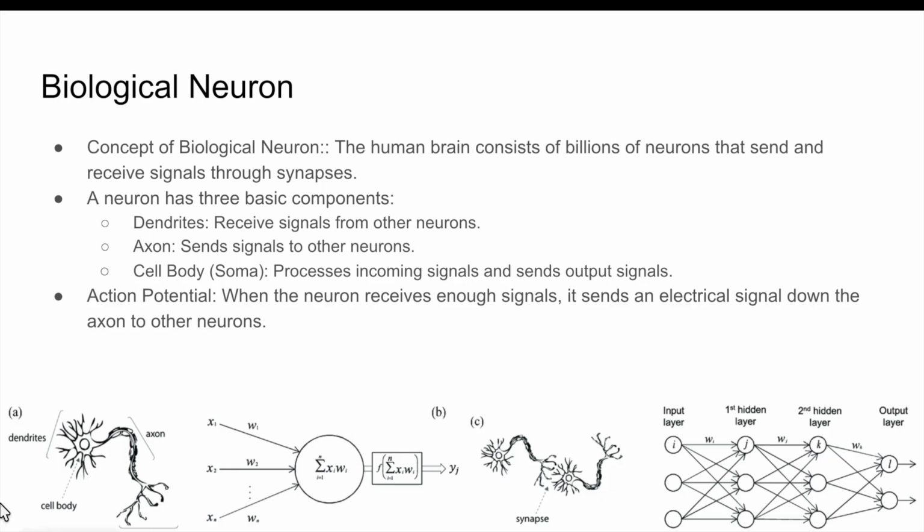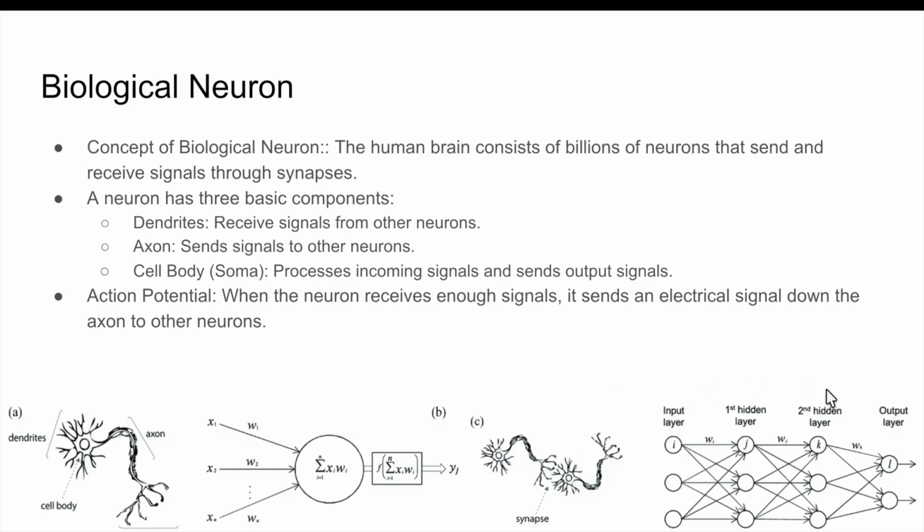The images shown over here are of a single cell, how it looks when it comes to an artificial cell, and when it is replicated in an artificial neural network. Then multiple cells connected to each other, how they look in a biological setup.